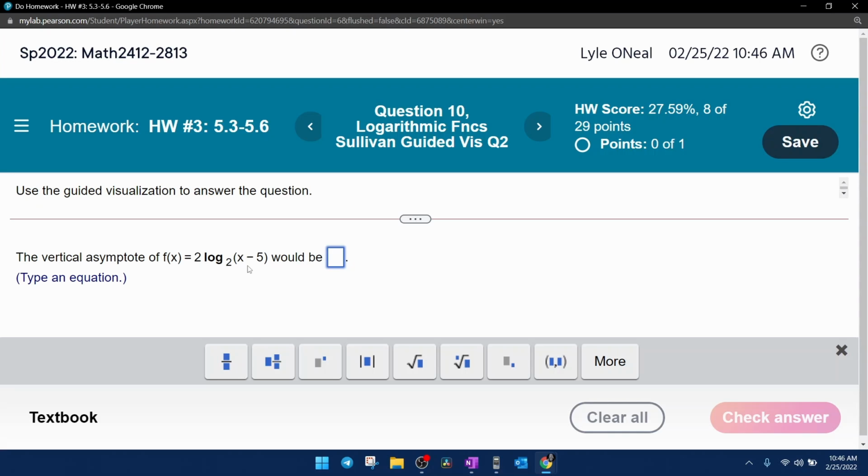So this would shift our vertical asymptote to the right 5 units, which would make the vertical asymptote be at x = 5. Remember that an asymptote is represented by an equation. Right here it says type an equation. Because it's a line, it has to be an equation. And the equation is going to be x = 5.